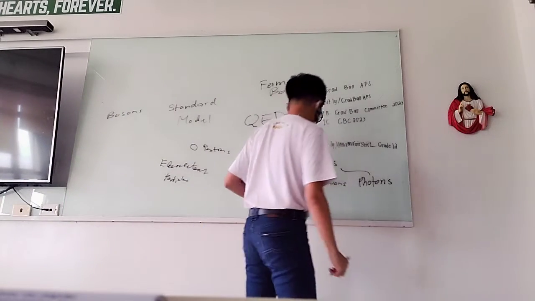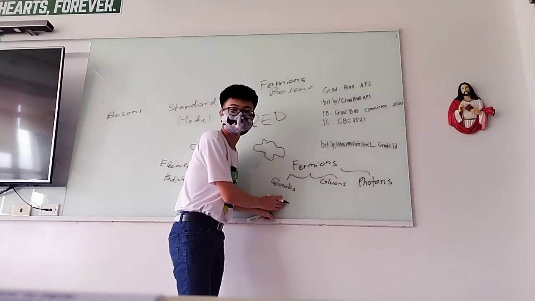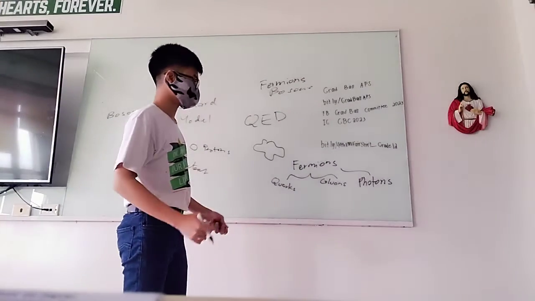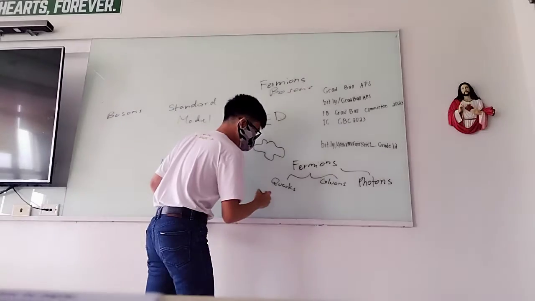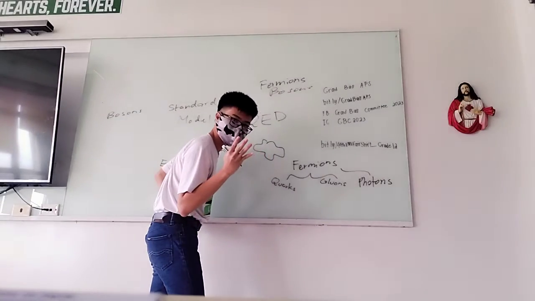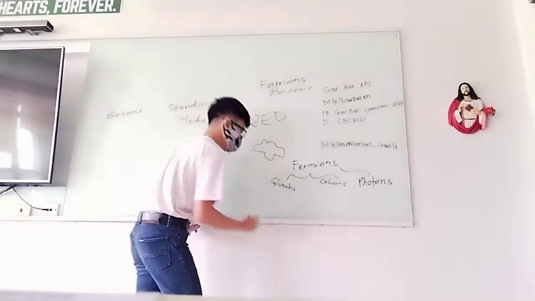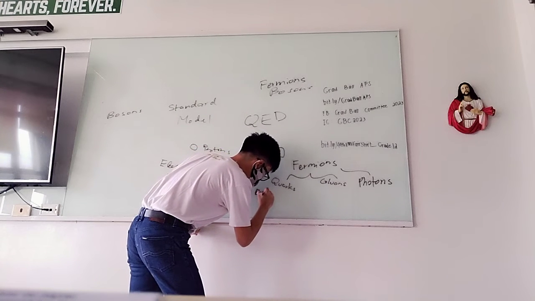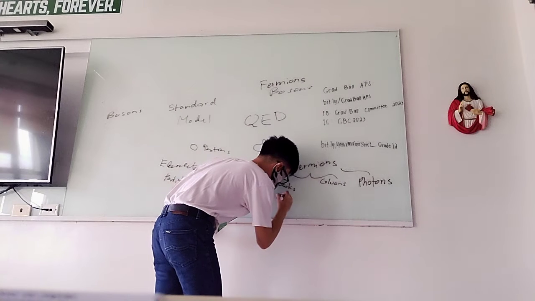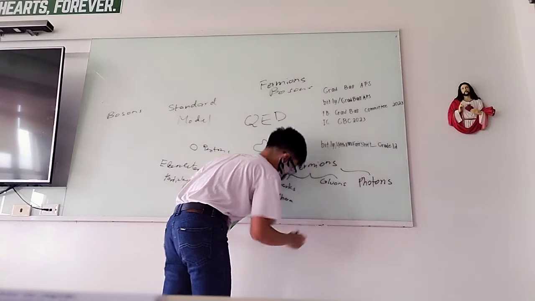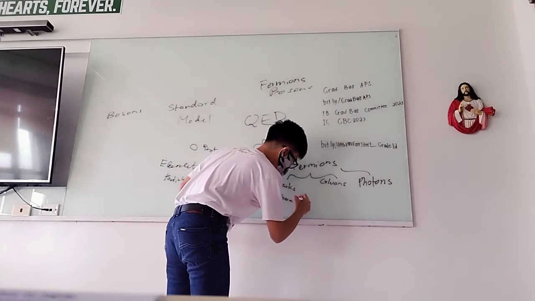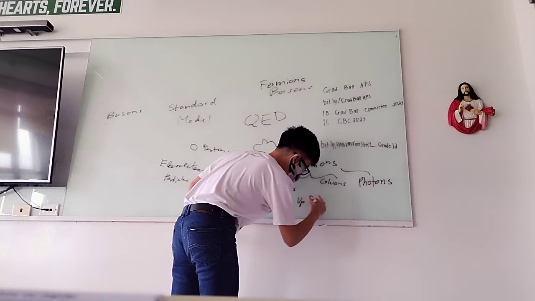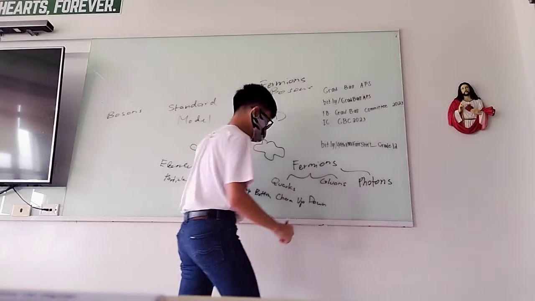Quarks now, which are the primary focus of today's short lecture, are mainly separated into five, I believe, or actually six. We have the top quark, the bottom quark, the charm quark, the up quark, the down quark, and the strange quark.